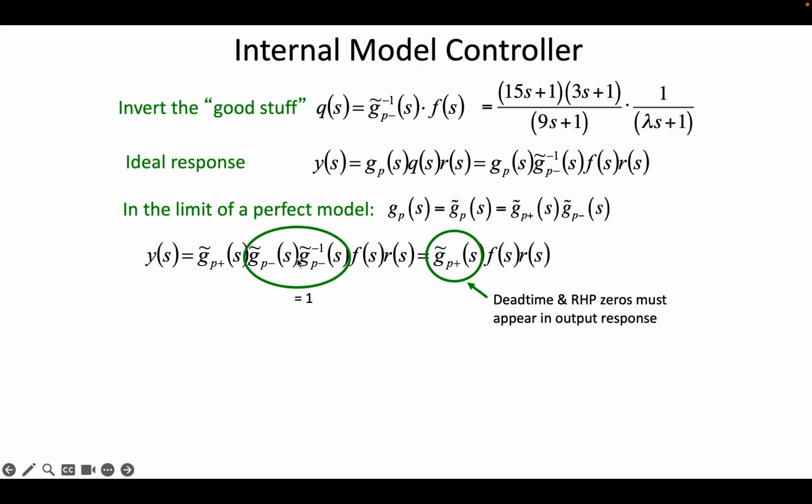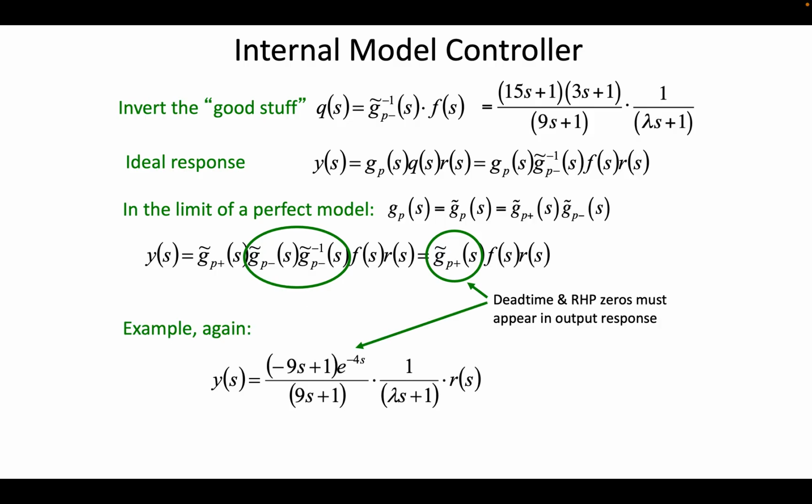That's all equal to 1 then. And so what you get in your response is going to be the bad stuff times that filter times the set point change. Right? And so that means that when you've got time delays and when you have right half plane zeros or inverse response, then they must appear in the output response when you make a set point change.